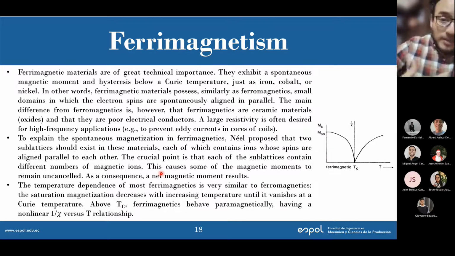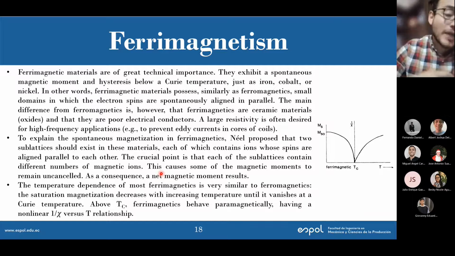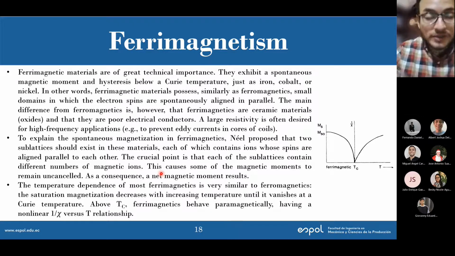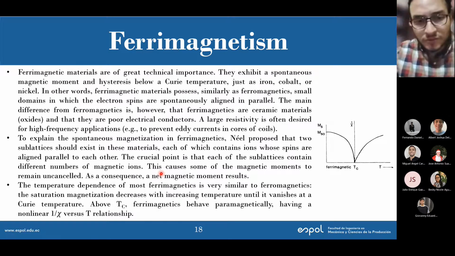They also exhibit a spontaneous magnetic moment. They also have a hysteresis loop below the critical temperature. So they are similar to ferromagnetics. The thing is that all the magnetic moments do not align in the same direction. And you might remember this from your ceramics course.